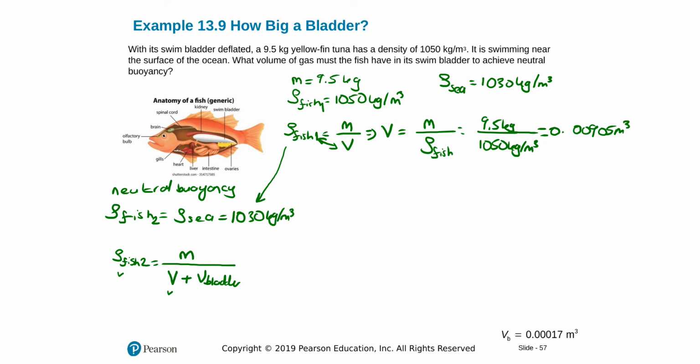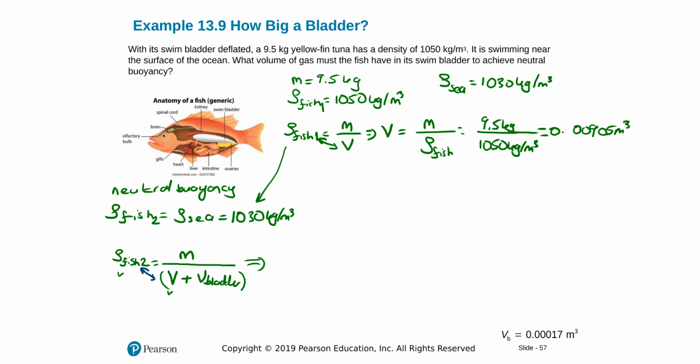Now we input this in here. We know mass, we know final fish volume. We'll solve for the bladder. I'm going to go through the algebra slowly here for those who get confused about algebra. First I'm going to switch these two, the whole denominator and rho fish.